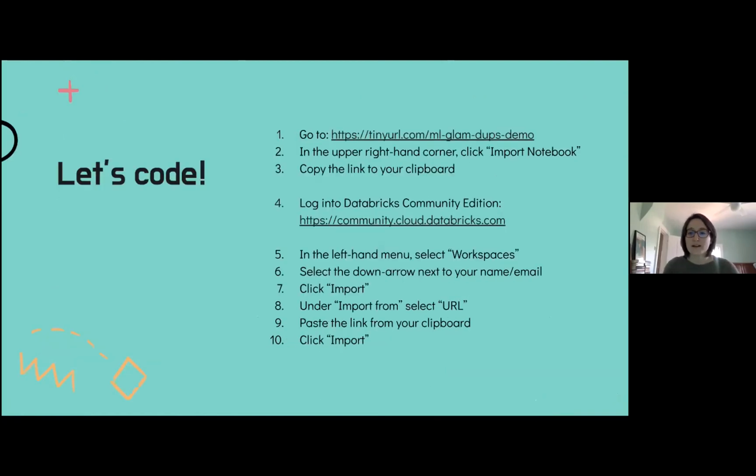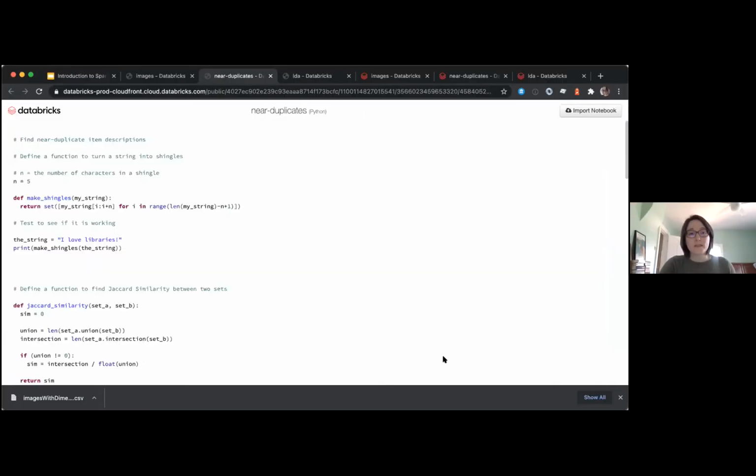Okay, so it's time to go to the next notebook. This is a new tiny URL here that you can go to in order to pull down the notebook. And then all the directions are going to be just the same after that. So I'm going to copy this. Okay, here we go. Again, you're going to come to this notebook.